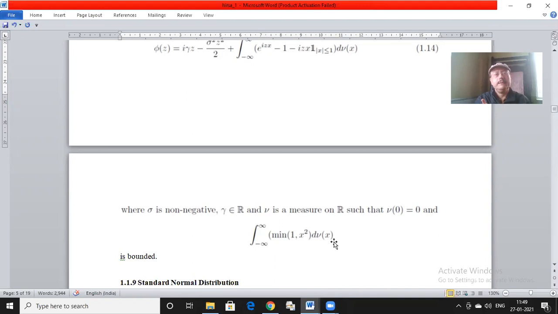Inside, it's the actual area under the x squared curve. What this theorem is saying is that the outside probability has to be sufficiently manageable so that this always remains bounded. That, of course, puts some restrictions on my choice of the measure nu. So I cannot take any measure as my candidate. There has to be some restriction so that this boundedness is maintained.